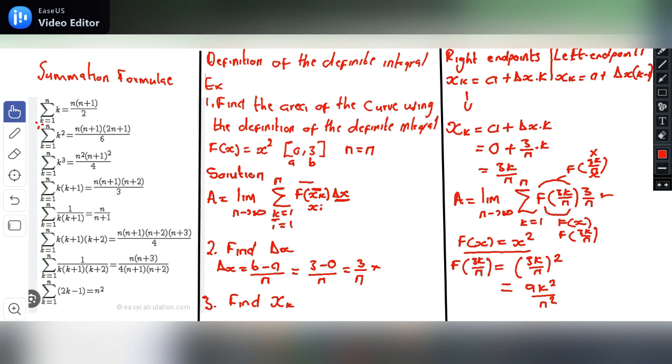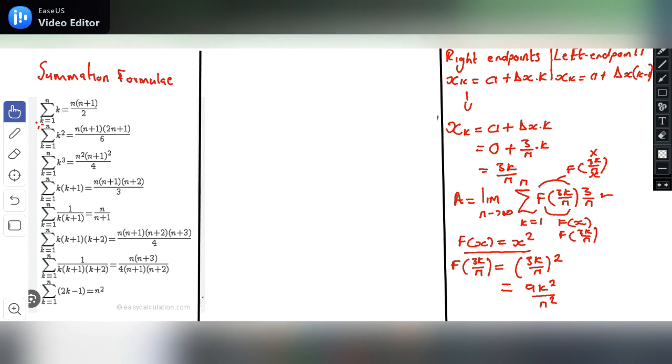So we're going to write down our formula again. Let me just erase a few things here. Okay guys, so now we're going to write down that formula, which is A equals the limit where n approaches infinity, the sigma from 1 to n.